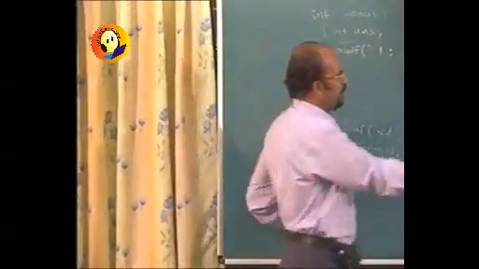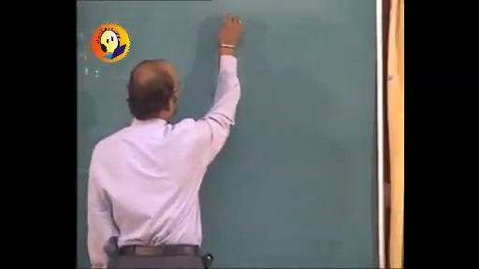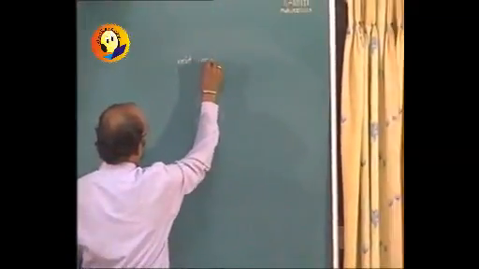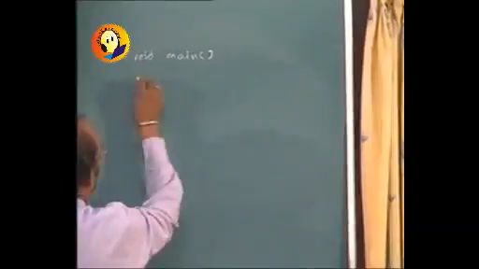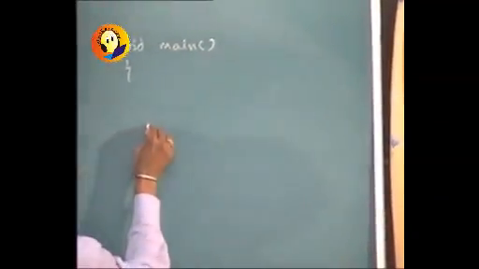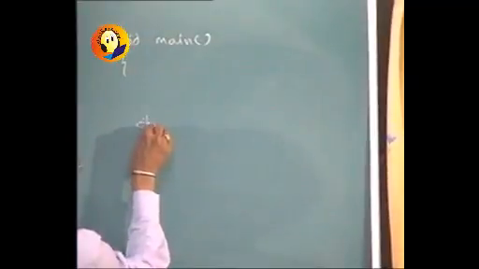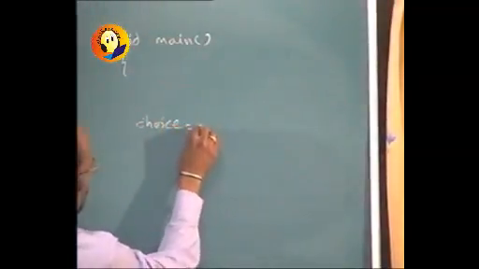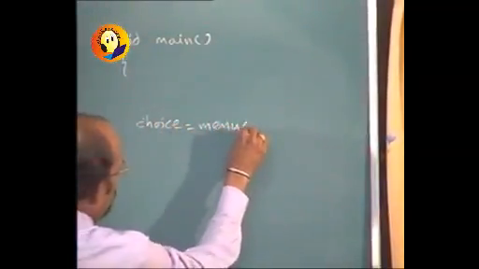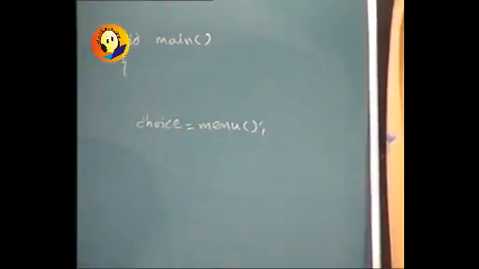Because in my main, initially only you will find something like choice is equal to menu. So that menu will be displayed.